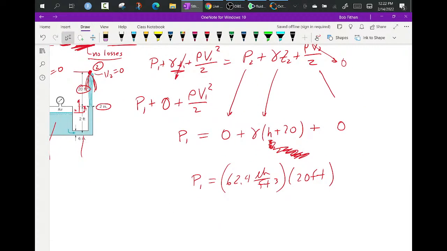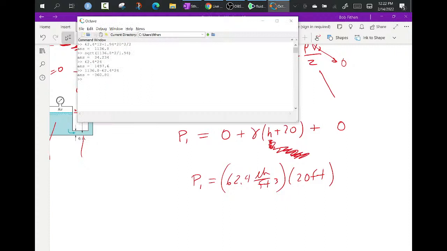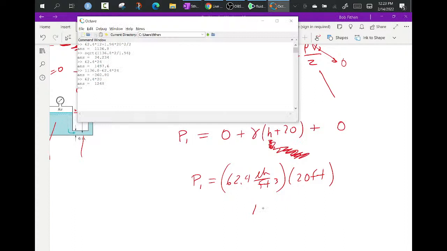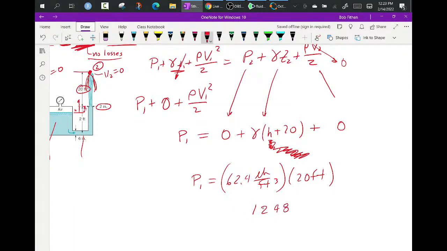Here, I'm going to calculate this, and with this one, I'm going to go look at the back of the book. 62.4 times 20. Okay, what is that? 1248 pounds per square foot.